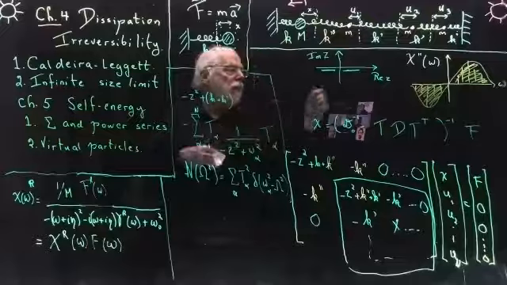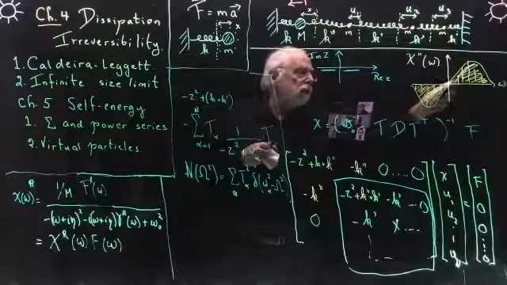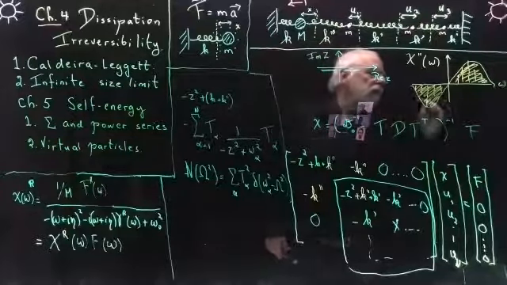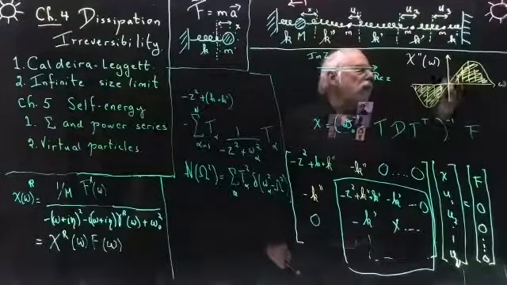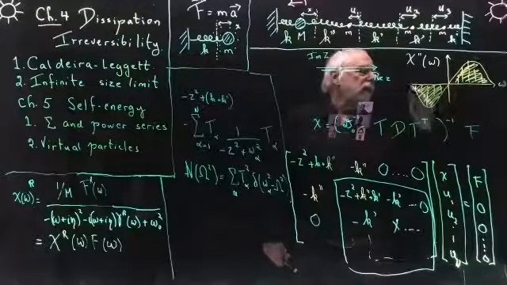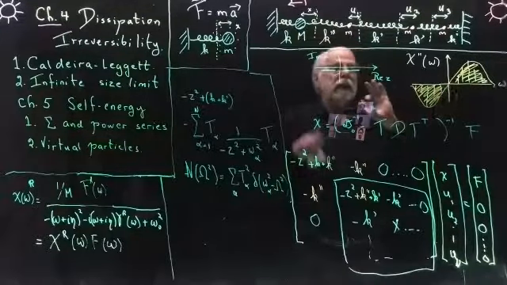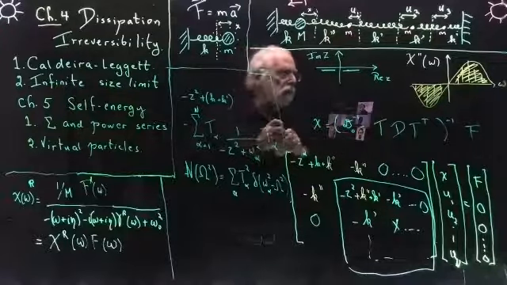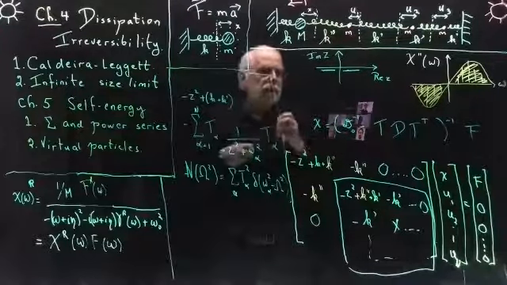Now, if I do some approximation for this function, I could, for example, decide that this looks like a Lorentzian, and this looks like another Lorentzian. That's an approximation. It's not the real thing.